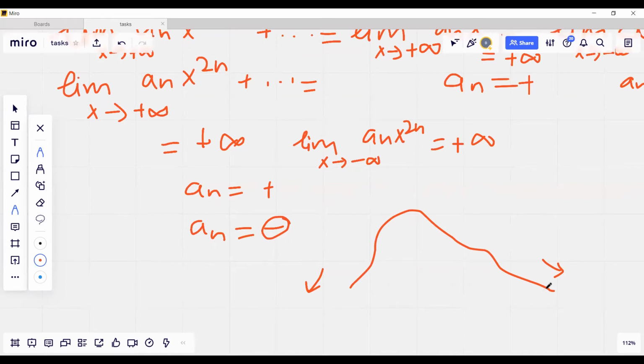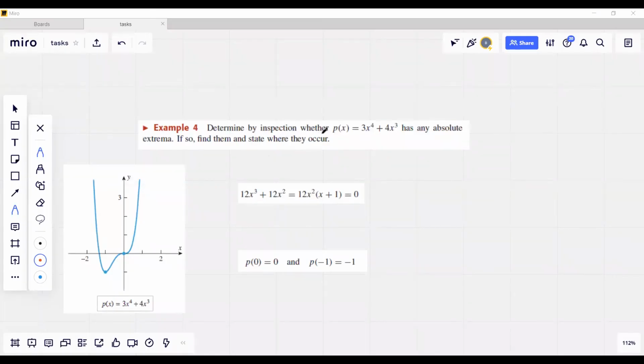So our polynomial will have no absolute minimum, but will have an absolute maximum. And we can then find the location of the absolute maximum in this case, or absolute minimum in that case, by finding stationary points.